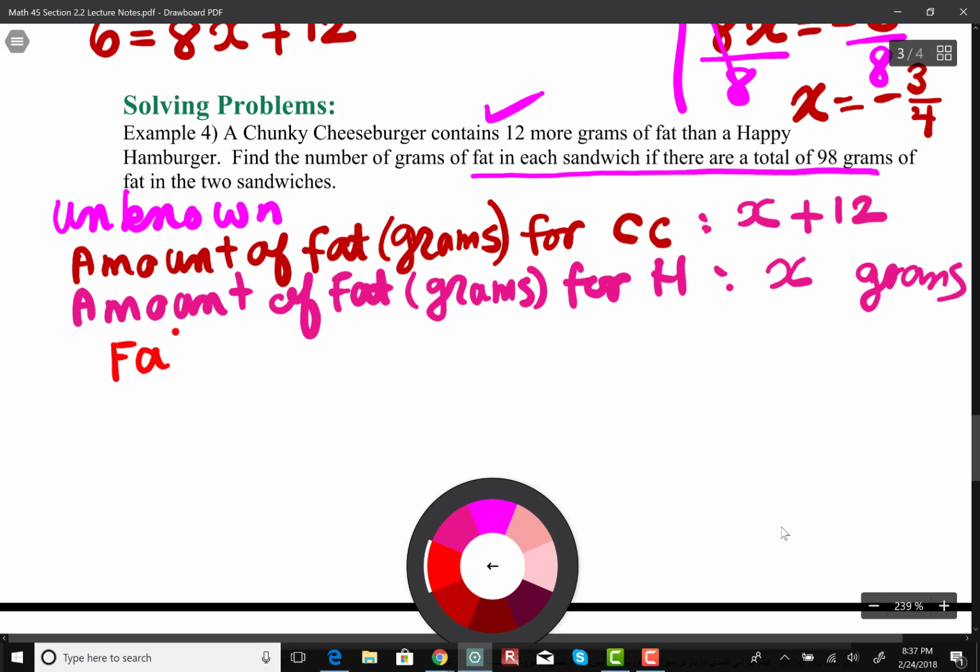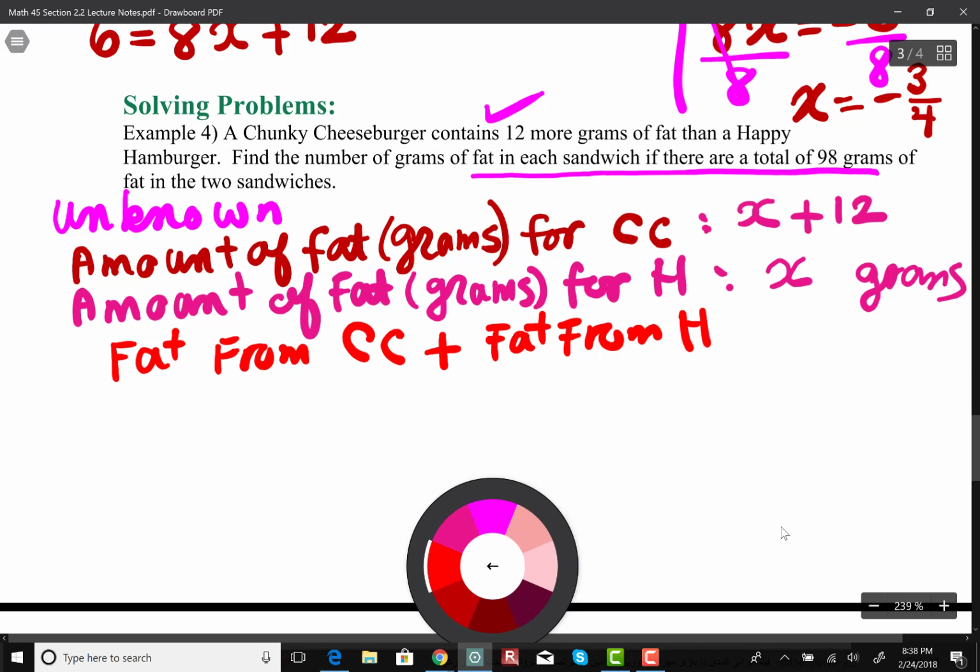Amount of fat from chunky cheeseburger plus fat from Happy Hamburger, total together is 98 gram.